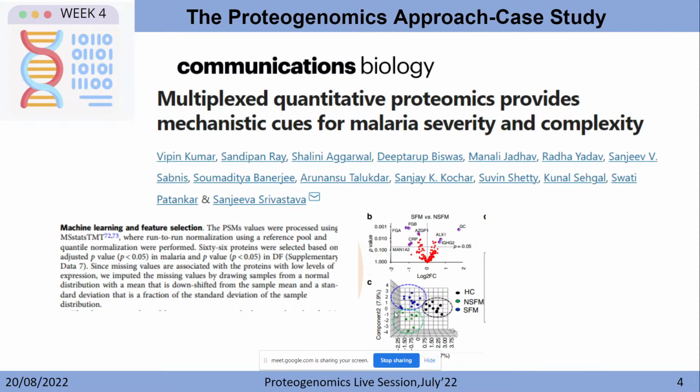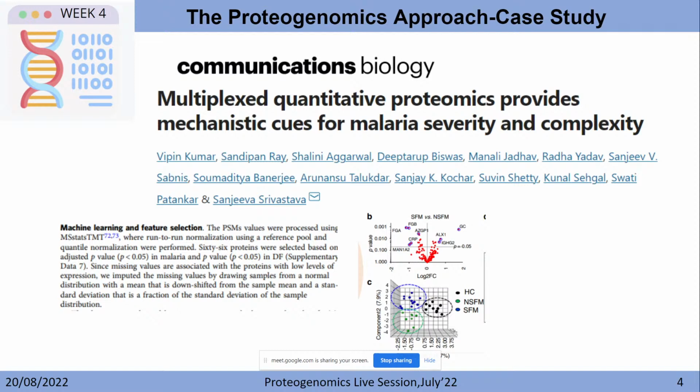And this is a PLSDA plot where the healthy controls and the severe and non-severe groups are differentially clustered, showing a difference in the clusters. That means there are certain proteins, certain markers, differentiating the non-severe from the severe ones, and these proteins are getting dysregulated and causing the patient to become more severe.